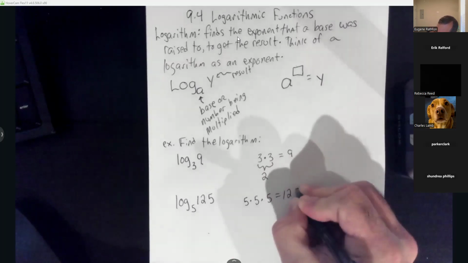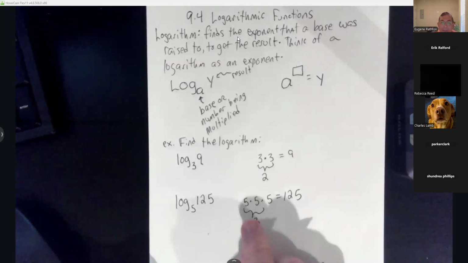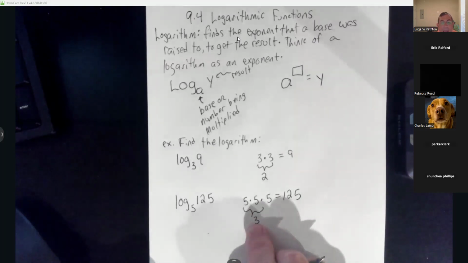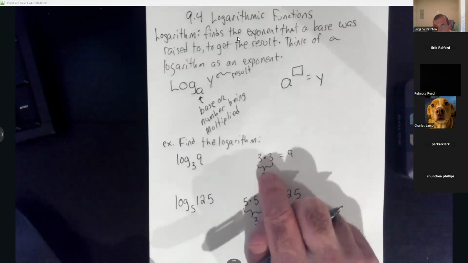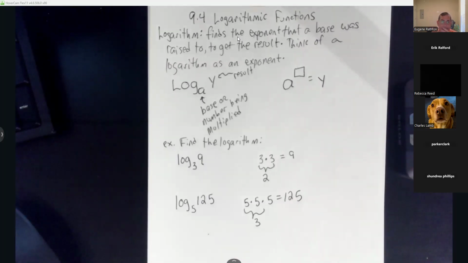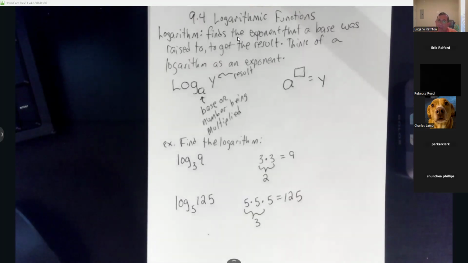That equals 125. And we did that 3 times. So this would be like 5 to the third power equals 125. This would be 3 squared equals 9 and so on, okay? So that's going to be the trick in this section, is realize we're finding exponents, okay?